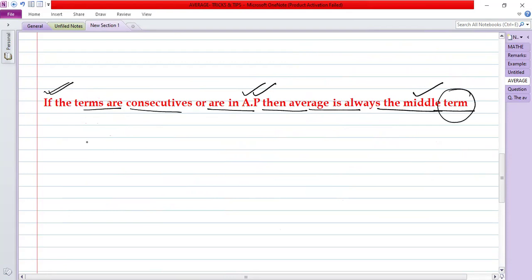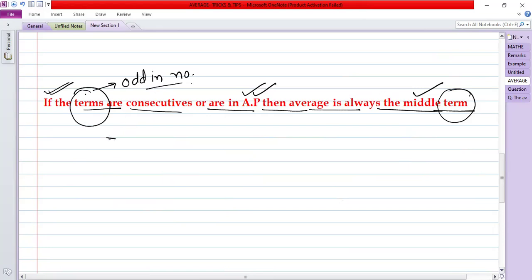Suppose the given number of terms is odd. If these are odd in number, then there will be only one middle term.